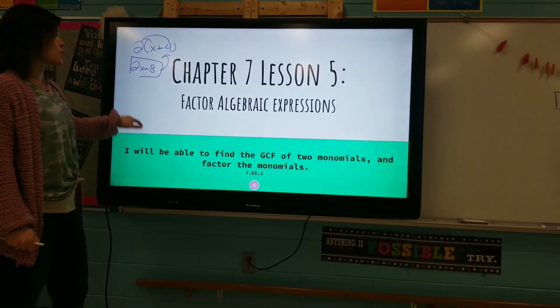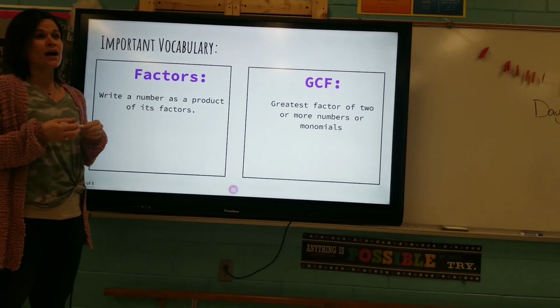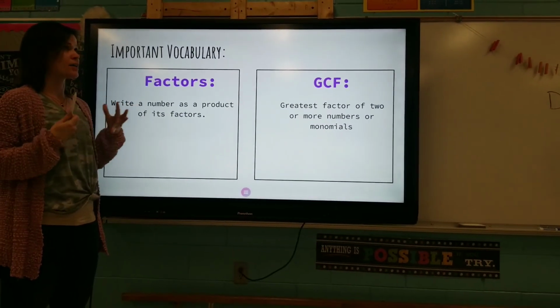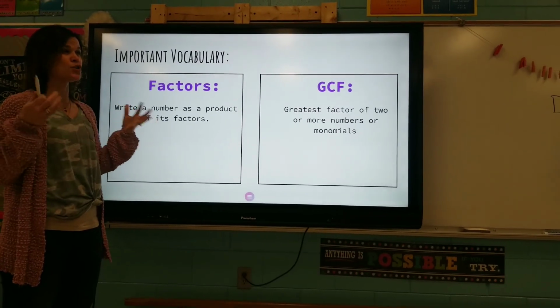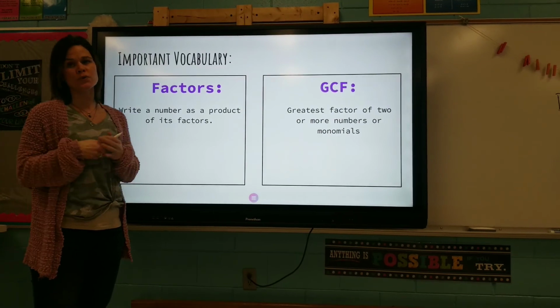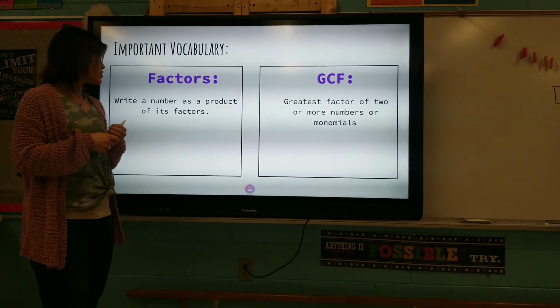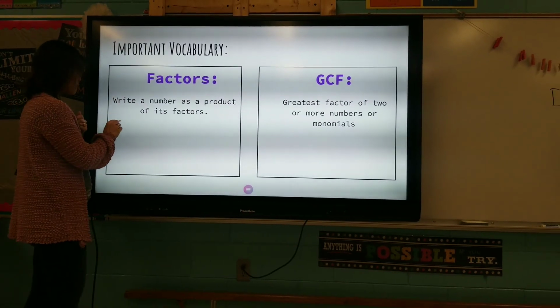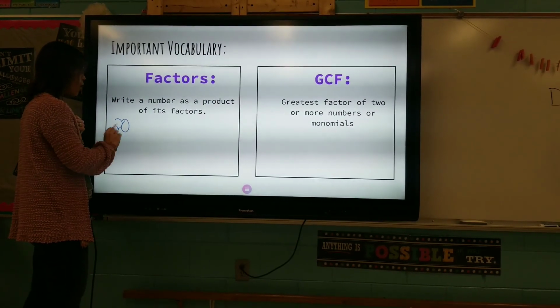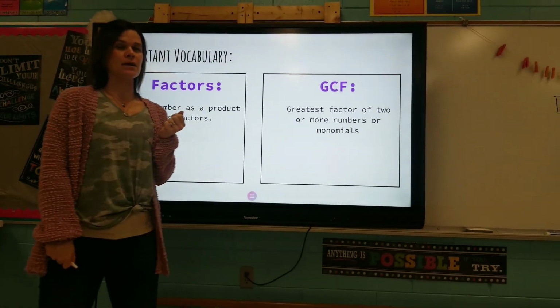So first thing, let's go back to like 6th grade and remind ourselves what factors are. A factor is the product of the two numbers that kind of make up a number. So if I said the factors of 12, you would tell me pairs of numbers that can multiply to give me those factors. So let's just do a quick review of a factor. If I wanted all the factors of 20, what numbers would you tell me they would be?